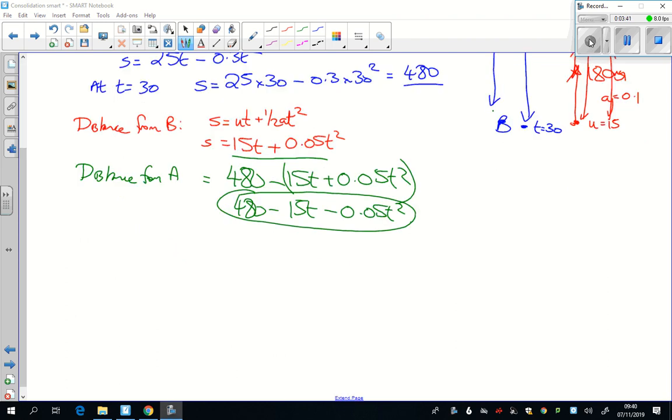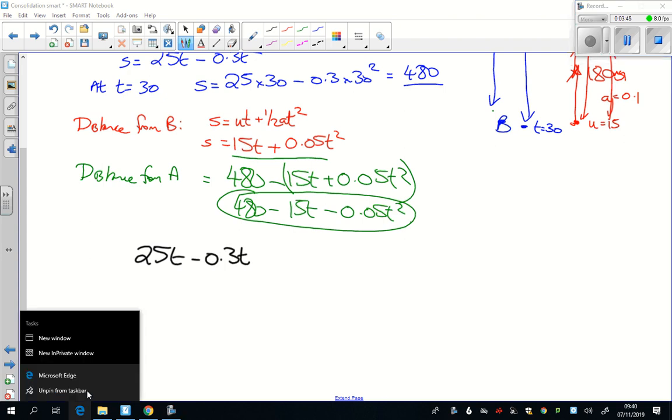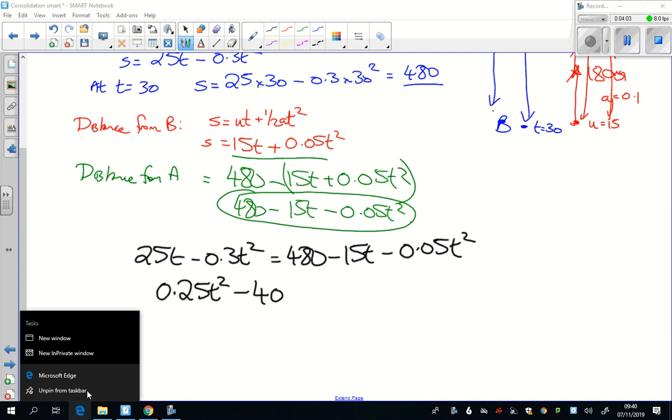So I've got 25t minus 0.3t squared from the first car equals 480 minus 15t minus 0.05t squared from the second car. If I drag all of that over to one side, I've got 0.25t squared minus 40t plus 480 equals 0.